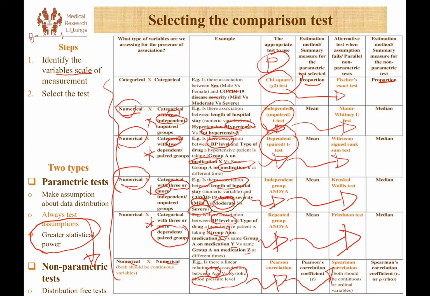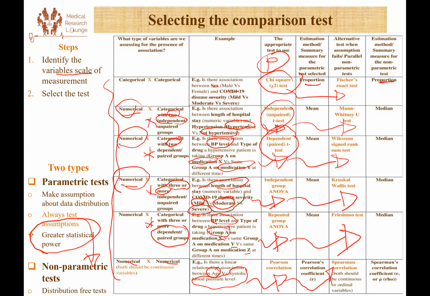So if I collect the data for age as a numerical variable, but later I decide to use a categorical response for age, if I want to create age groups, then the proper scale of measurement for analysis is the categorical variable, not the numeric variable which we originally used to collect the data.